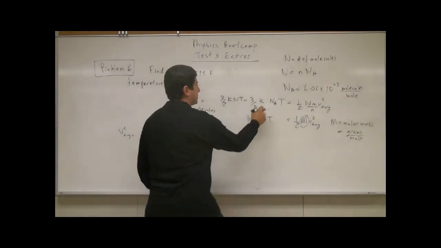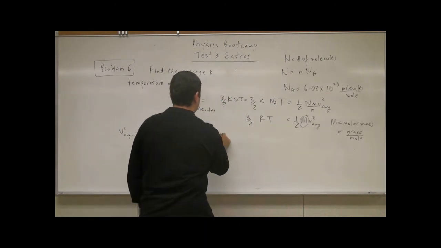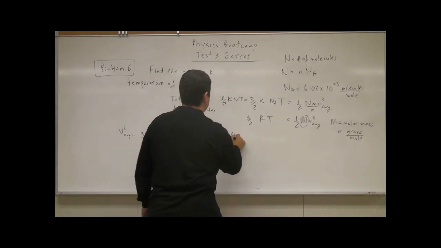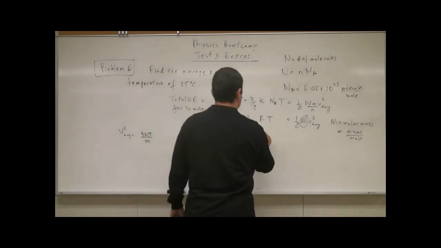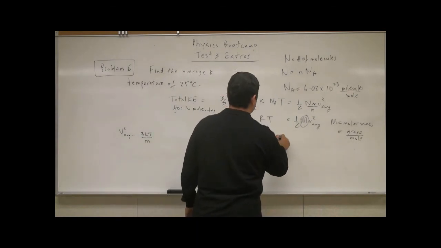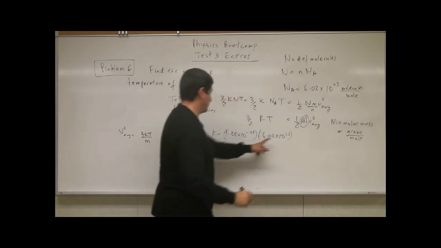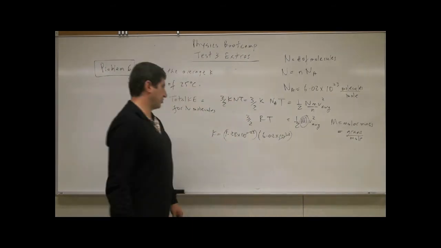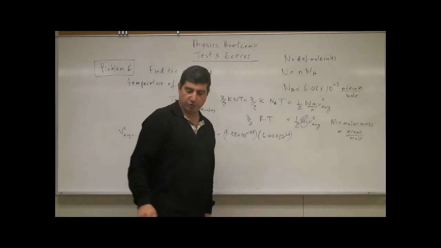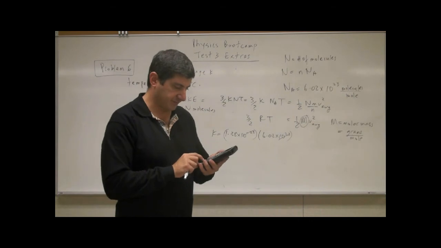Why is that the gas constant? Well, let's show you here. K was, remember, 1.38 times 10 to the minus 23. What is Avogadro's constant? 6.02 times 10 to the 23. You can see they cancel out here, and you get what? 1.38 times 6.02. What is that equal to?